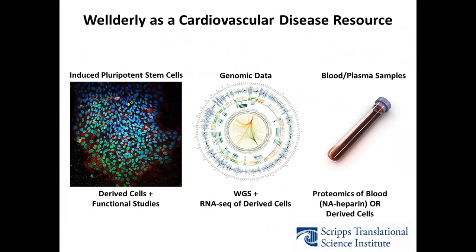I looked into that as well, and the requirement that I got was blood in sodium lithium tubes. It turns out we do have blood, but it's been collected in sodium heparin tubes. So I don't know if that's an issue for the proteomics analyses, but if it is, you could always apply it on the derived cells instead.